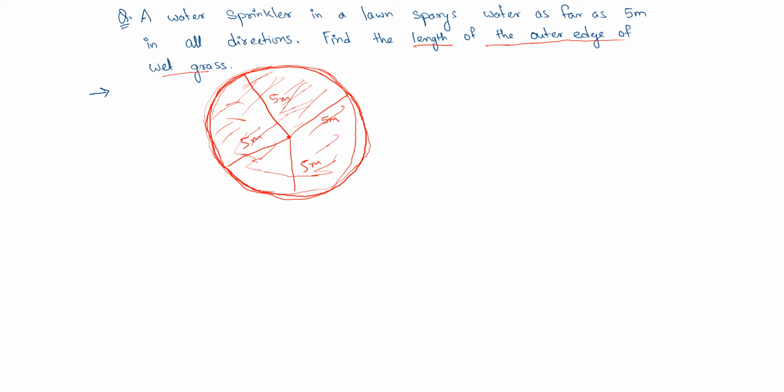Okay, so what are we going to write here? We will write that radius is 5 meter, and in order to get the length of the outer edge of the wet grass we need to find the circumference. So circumference will be 2 pi r, that is 2 into, and in this question it's told to take pi as 3.14, so we are going to do that.